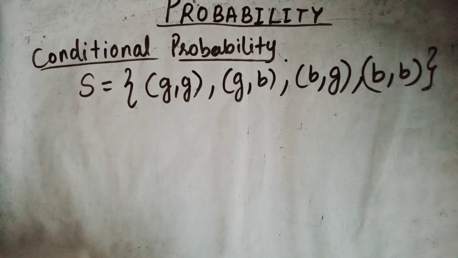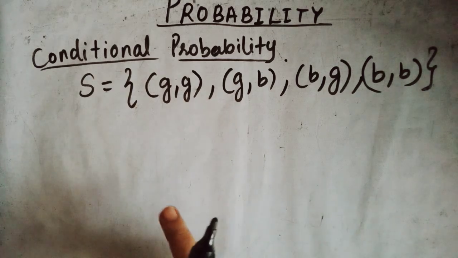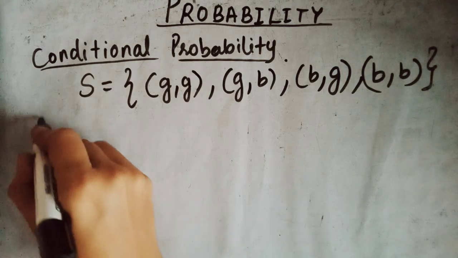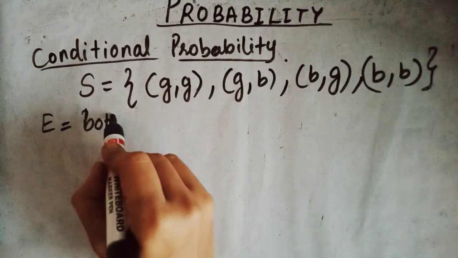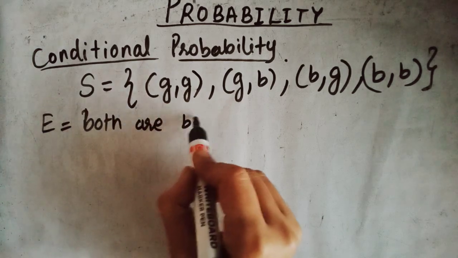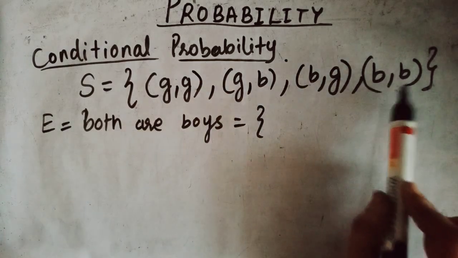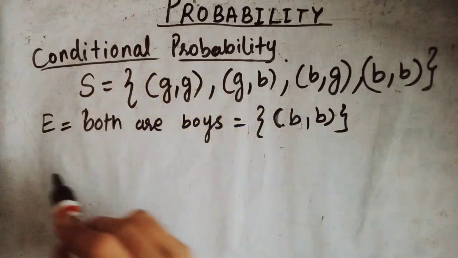The word "given that" is very important. It means this is the condition they have applied, and the condition is event F. So event E is both children are boys, which has only one element, BB.